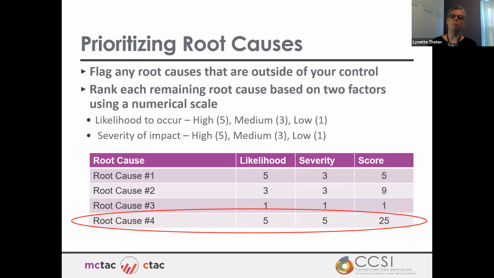So the ones that are most likely and most severe in terms of the problem statement are going to be the ones that you want to go after first. So that really sets you up to say, geez, what changes should I make? And that was really the point of that entire exercise.